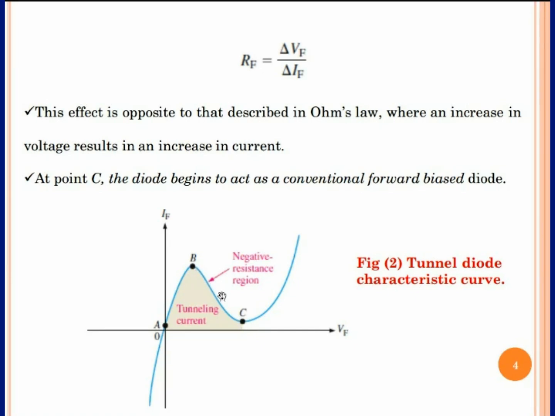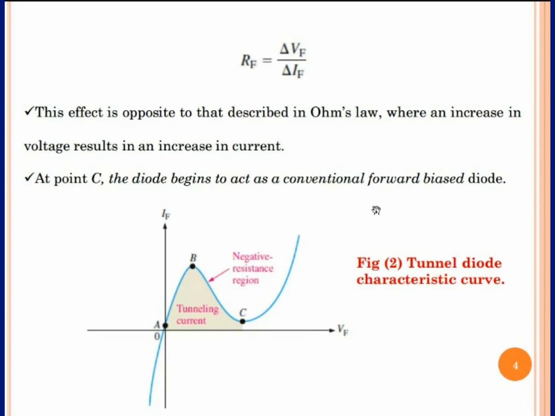When you calculate the resistance in this region, you take this point and this point. The slope is negative, so the resistance you measure is negative. It has a physical significance, but no mathematical significance.